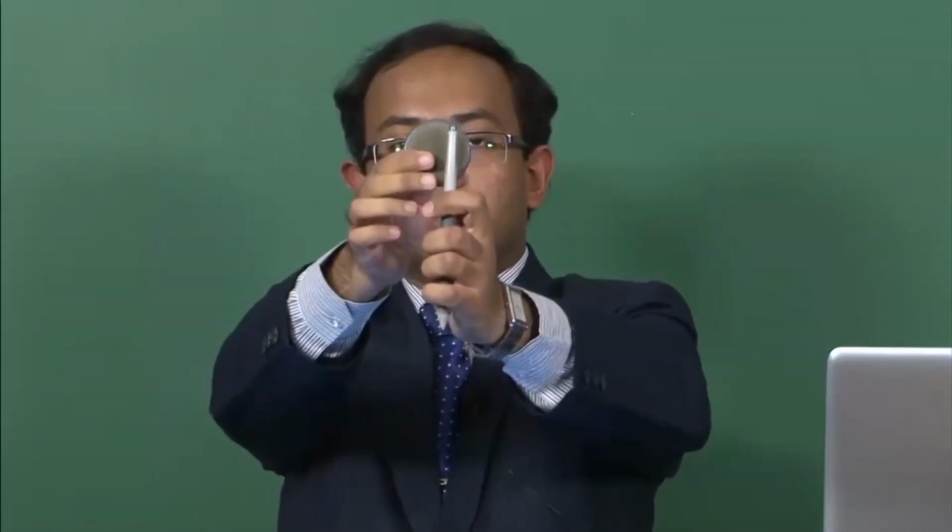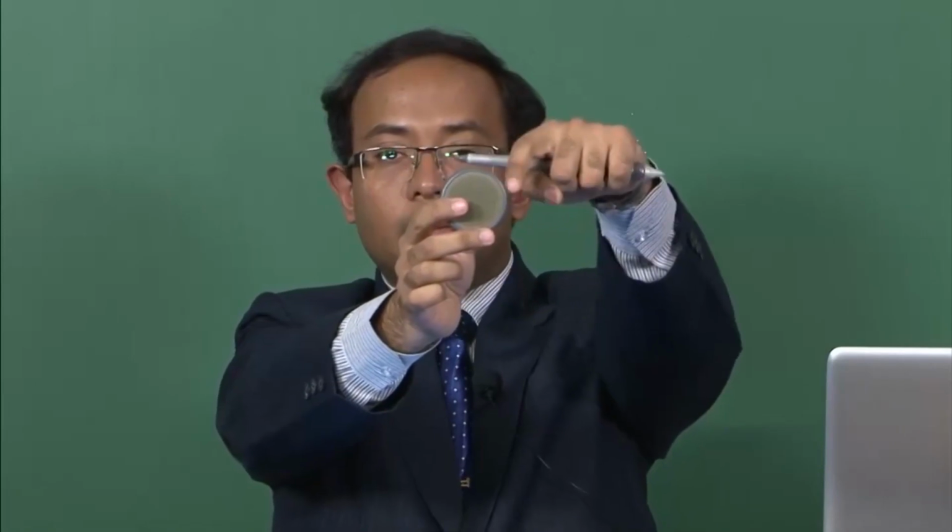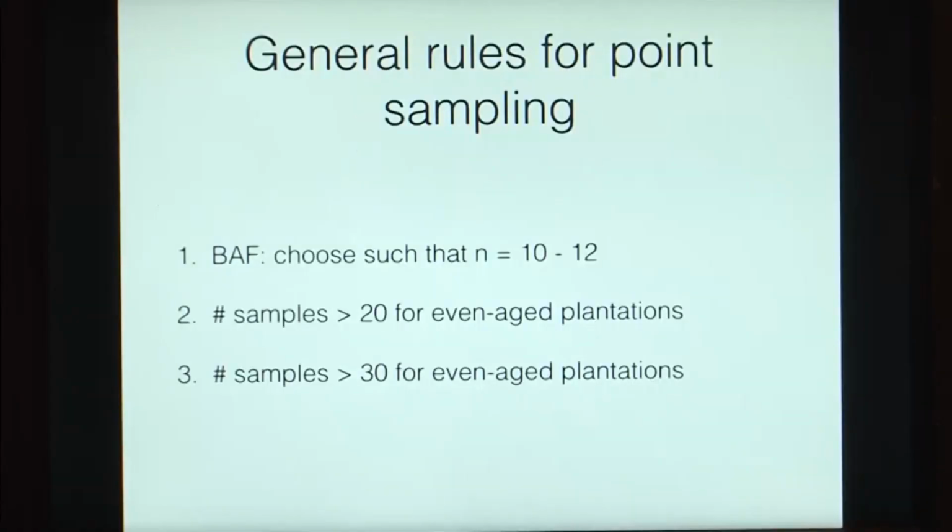This diameter is very much greater than this diameter. This diameter divided by this distance will give me a basal area factor, and we choose our basal area factor in such a way that, coming back to the slides, the number of trees that we tally should be between 10 to 12. It should not be a very small value and it should not be a very large value.